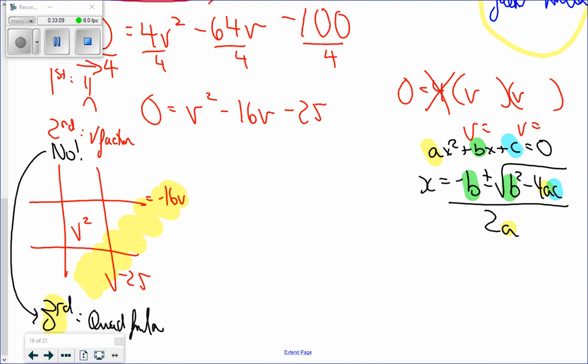We are going to drag and drop those numbers into that formula. Instead of having x equals, you will have v equals. I would suggest you write in the letters A, B, and C so that you know what numbers are going where.